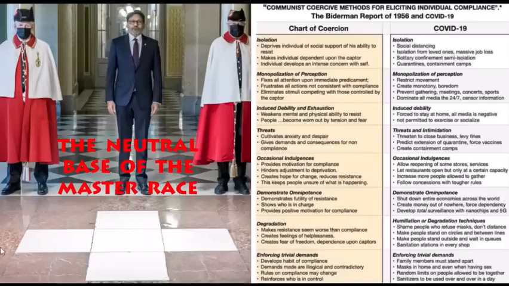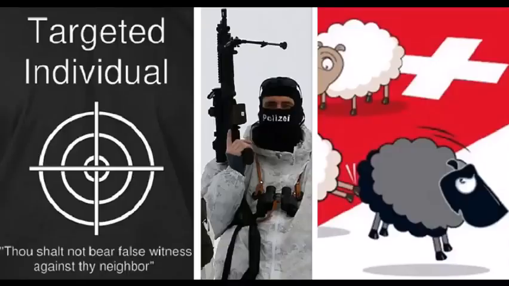You know, you draw a line, you get an octagon. Just like these 8 of them. That's not a coincidence. So I repeat here with this lovely image, the neutral base of the master race. Out of where the entire world is being ruled, and the targeted individual, that's 7 billion targeted individuals.